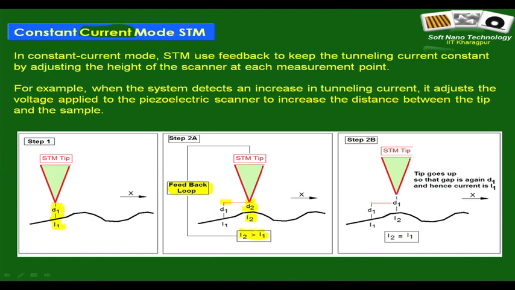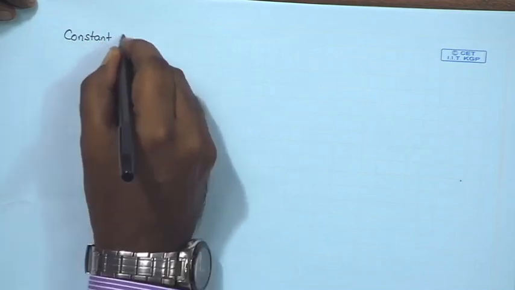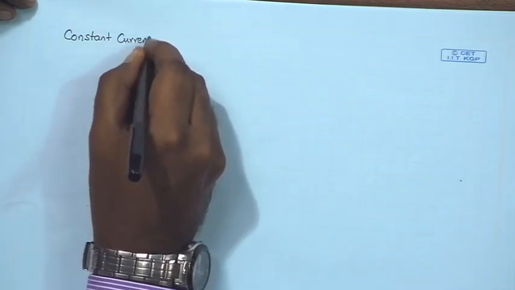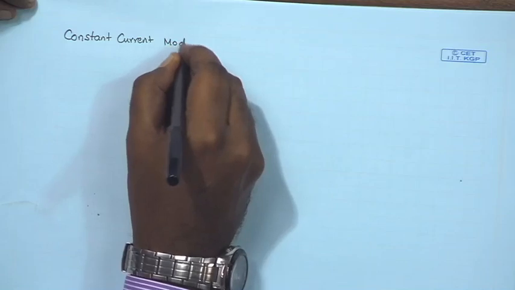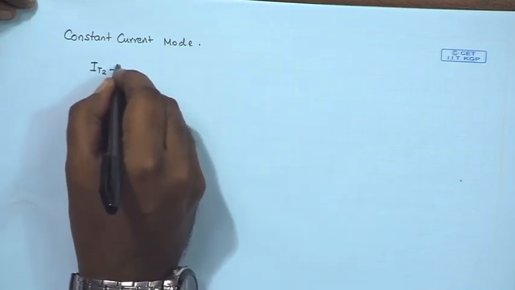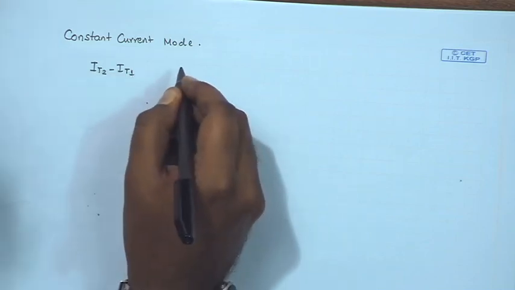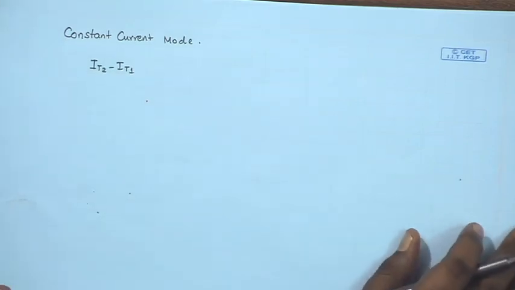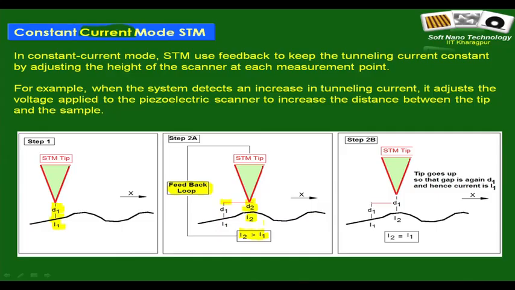So, all you do, you generate this error, I2 minus I1, do not go for a modulus, because whether it is a positive error or negative error is actually going to give you whether the second point is closer or at a further distance.